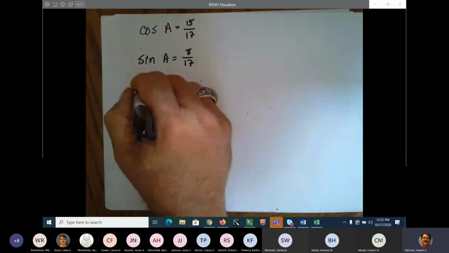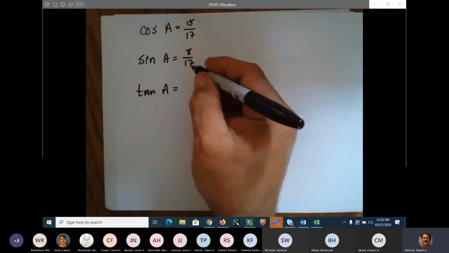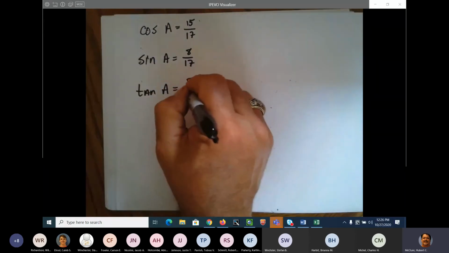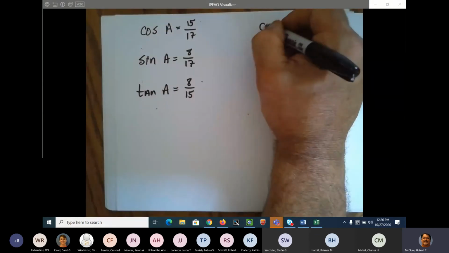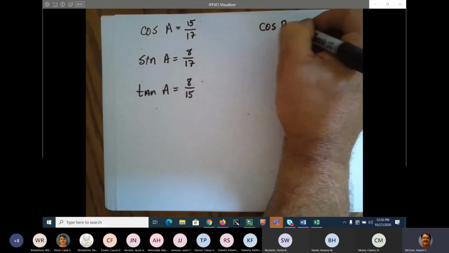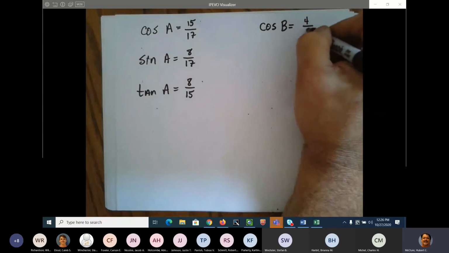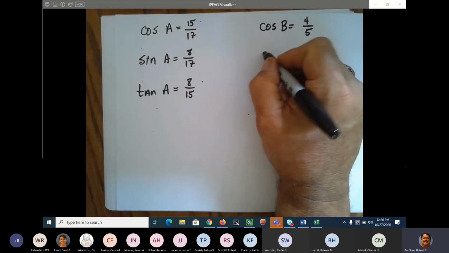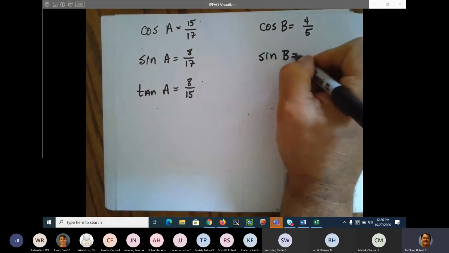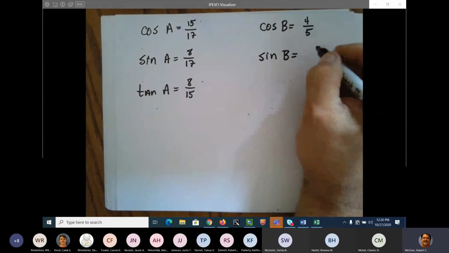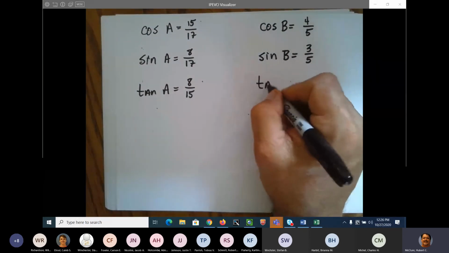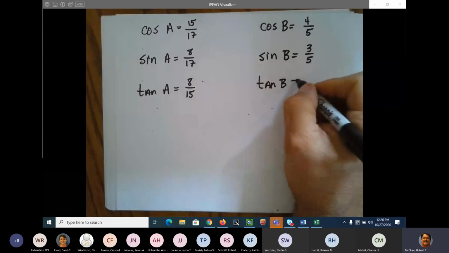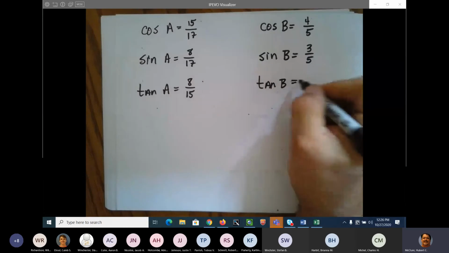And tangent of A is equal to 8/15. Cosine of B is equal to 4/5. Sine of B is equal to 3/5. And tan of B is equal to what? 3/4.